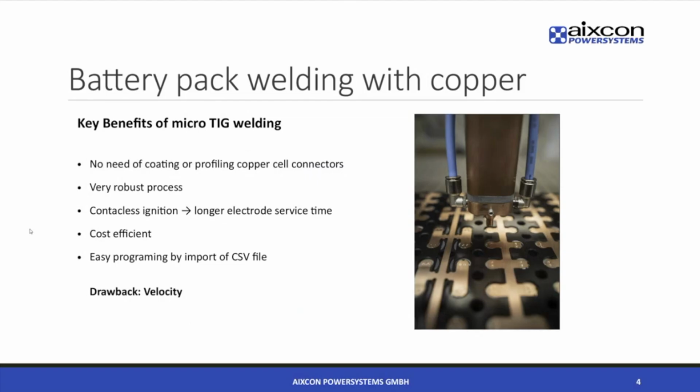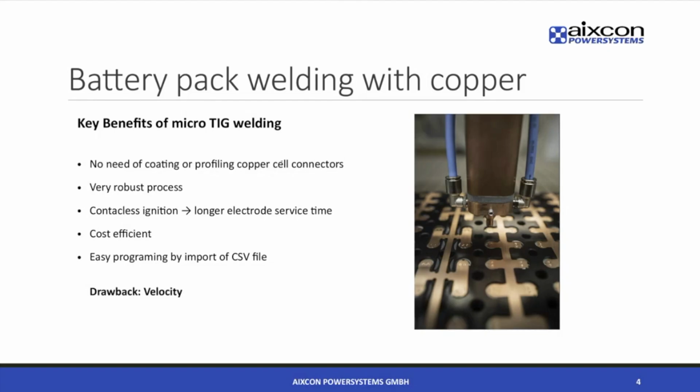But it's not very easy. The key benefits of our micro-TIG welding process: this is a process we actually developed some years ago already, at least the torch and the power electronics.